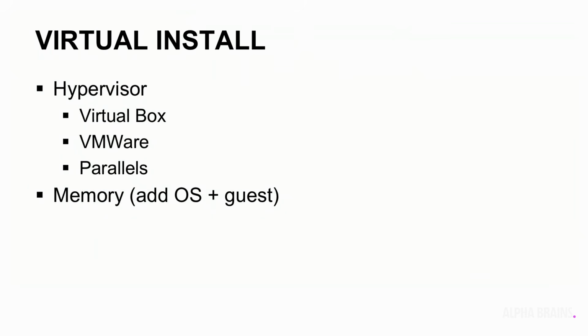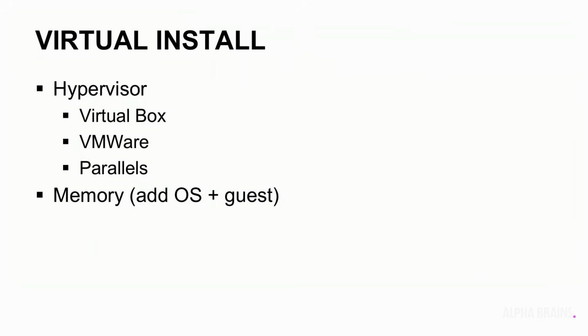The other thing about using a virtual install is that you want to make sure you've got enough memory. You're probably comfortable with the amount of memory that you've got in your system, but the moment you add a hypervisor or another operating system, you have to take into account the needs for that. So for the amount of memory in your real hardware on a virtual install, you need to make sure that you've got enough to work in your operating system comfortably, plus the operating system that you're going to be running as a guest.